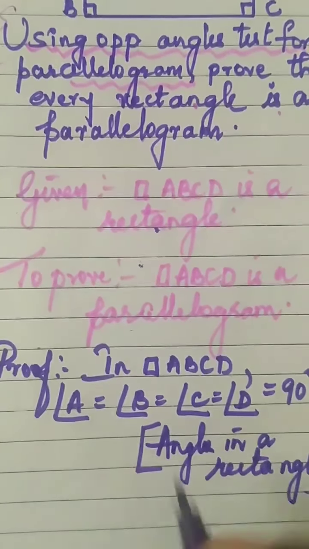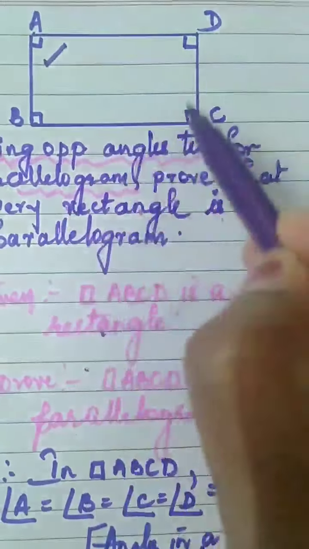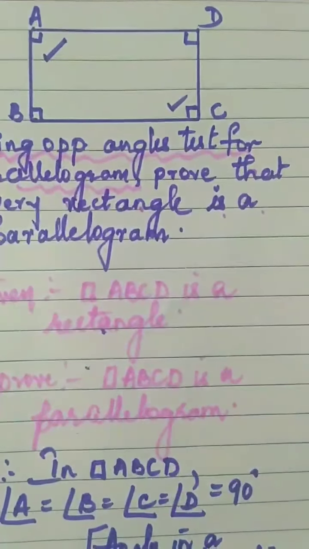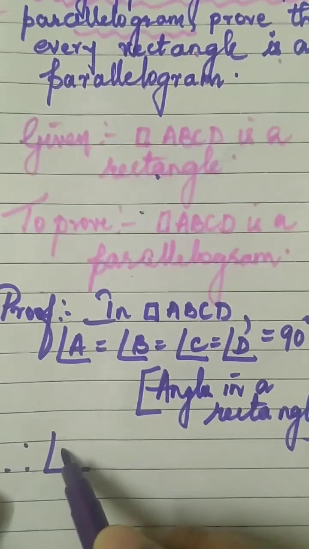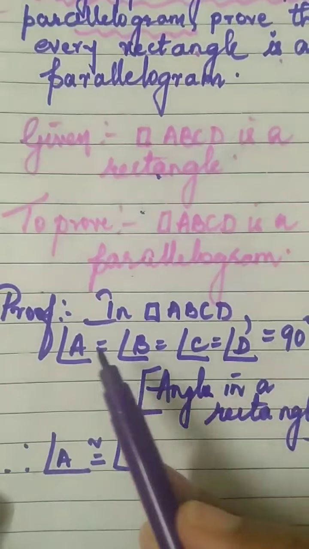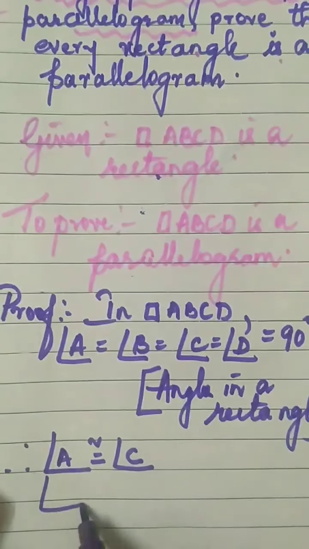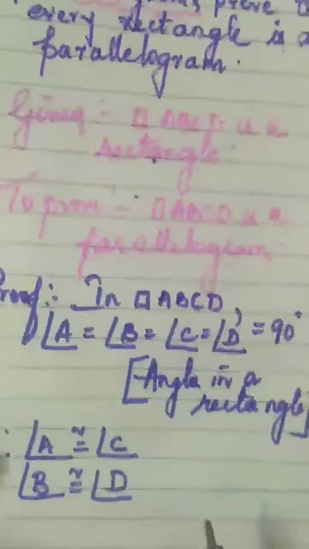So if all the angles are 90 degrees, that means obviously this angle and its opposite angle C are congruent. So I'll write therefore angle A congruent to angle C. Same, no? Angle B congruent to angle D. Next pair of opposite angles are congruent.